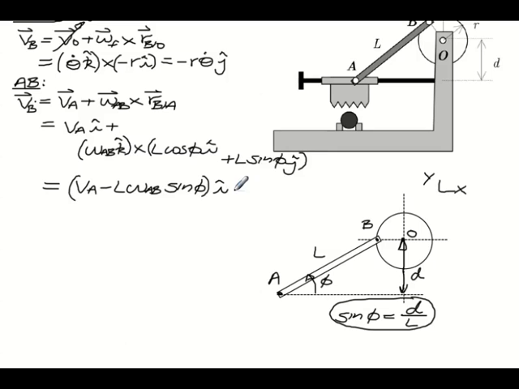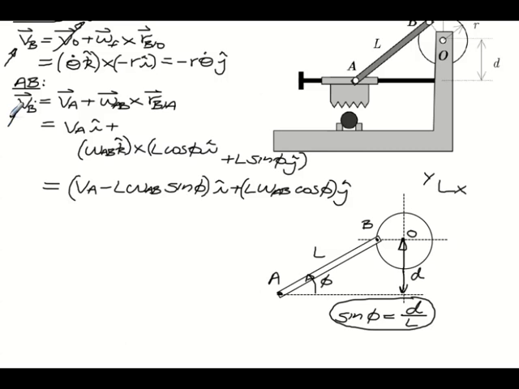The J component is going to be L omega AB cosine of phi, and of course that's in the J. So what I've done is written down a velocity equation for the flywheel, and I've written down a velocity equation for coupler AB, both in terms of the velocity of B.